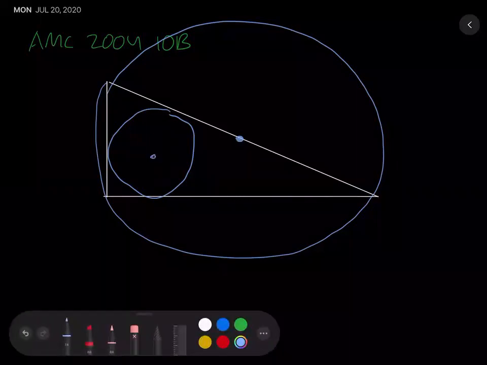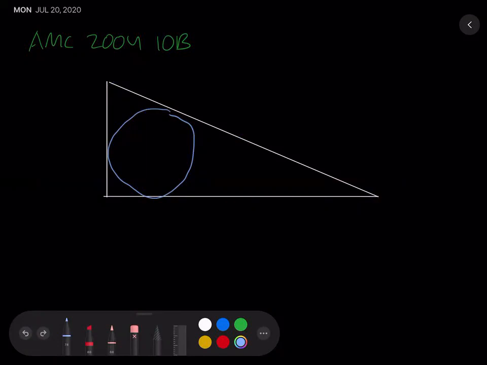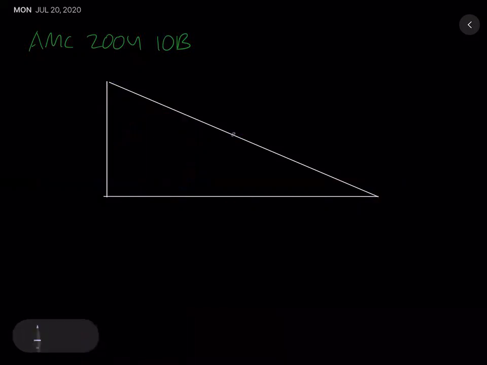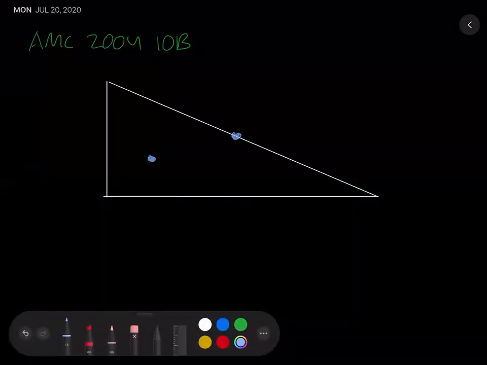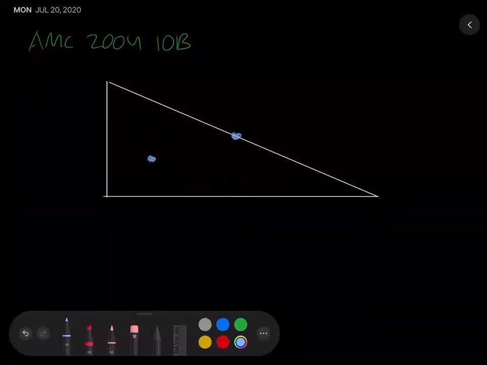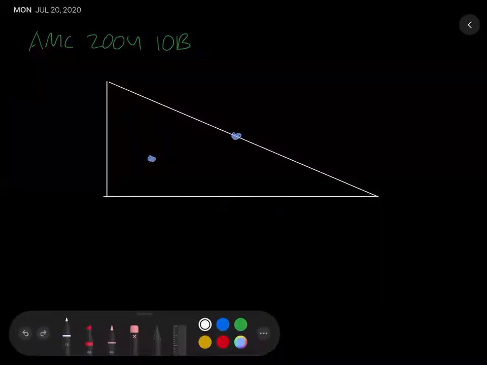So let's make it a little bit neater. Just take out the circles completely. We have this, and we have something like this. So we do the same thing we do all the time. Put a point at the origin, and we'll say that this one is 0, 0. Different color, please.